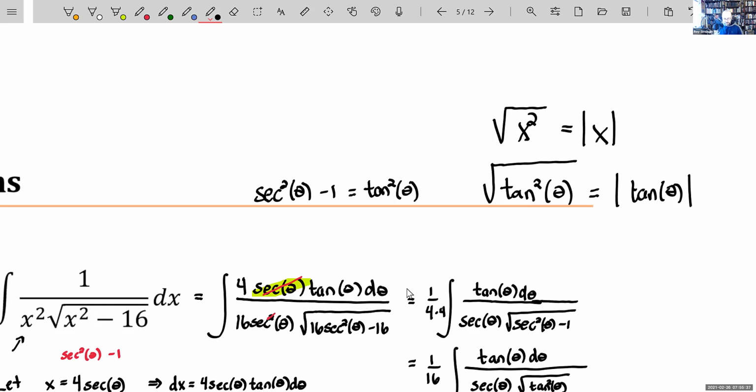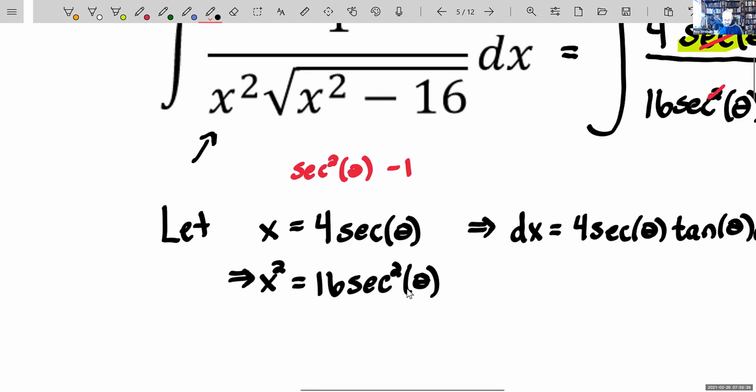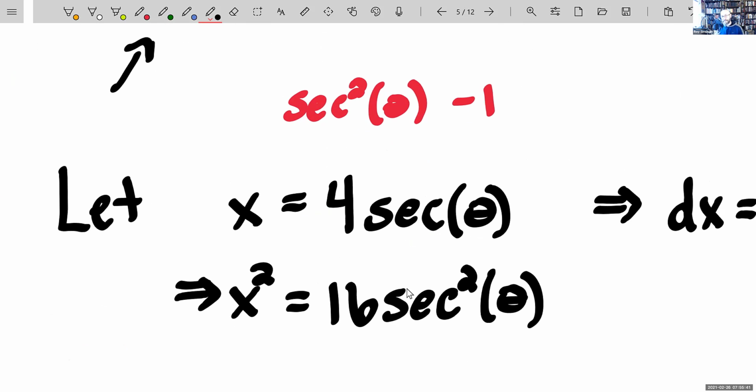Our substitution, x equals 4 secant, means that theta, the angle itself, is restricted, because when we make this type of substitution, it's based upon the inverse trig function. I'm not going to go into too much detail, other than to say these angles are going to be somewhat restricted.